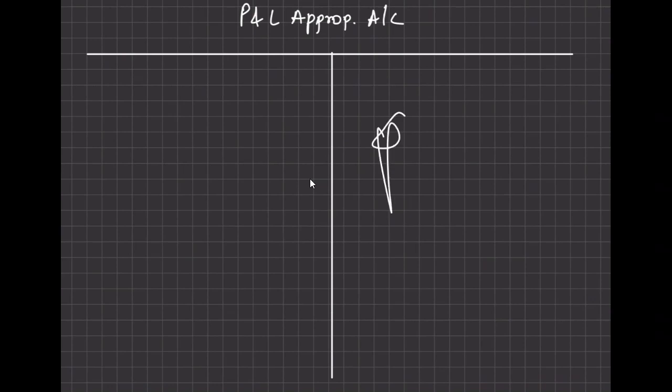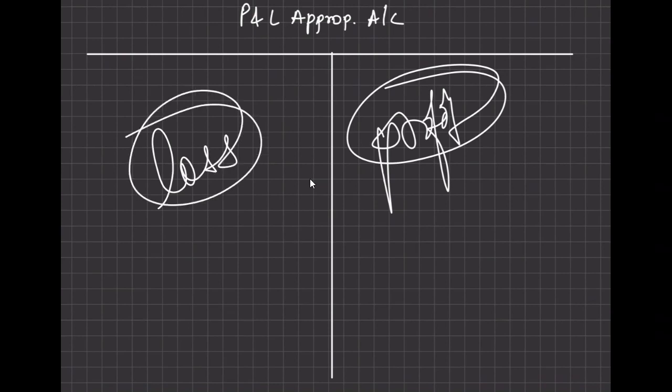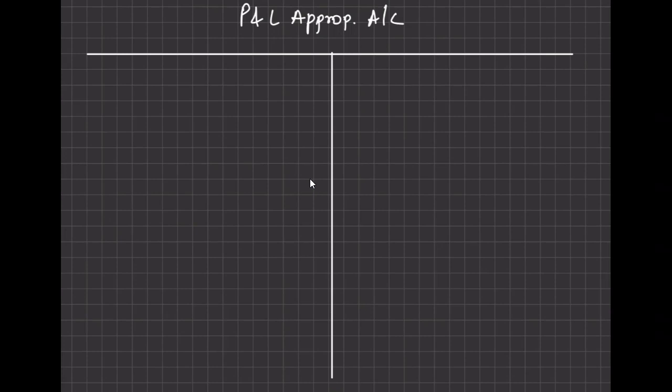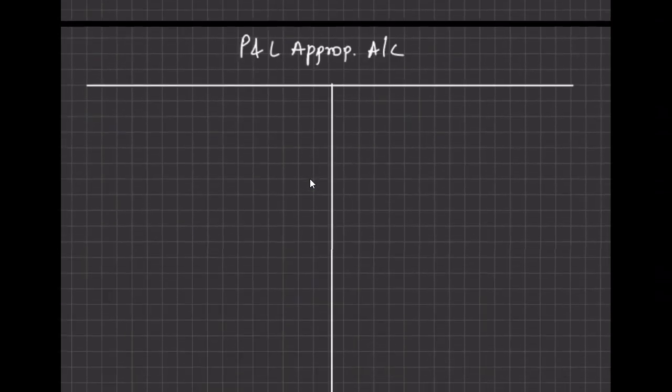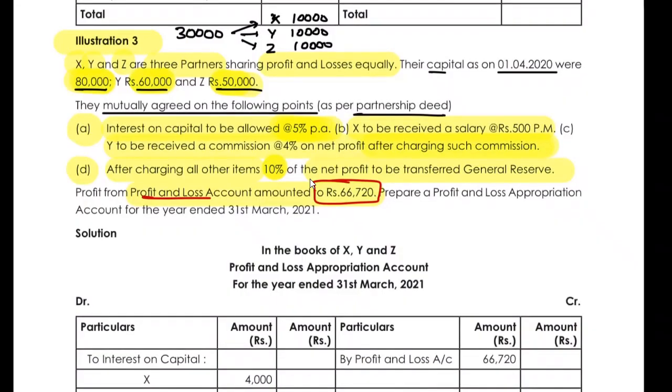If there is a profit, you need to write it on the credit side, and if there is a loss, you need to write it on the debit side. In our case, it was a profit. So we have a profit of how much? 66,720. So I will write in my P&L appropriation account, by net profit, or I would say by profit and loss account, 66,720 rupees. That is the starting point of my question.